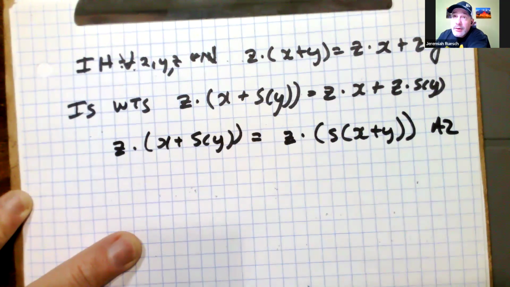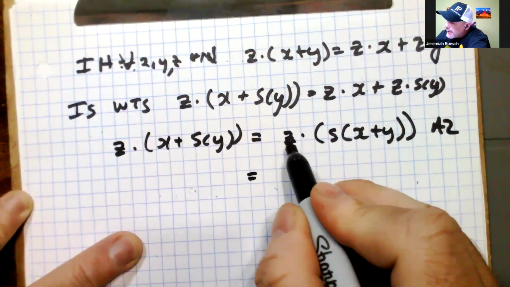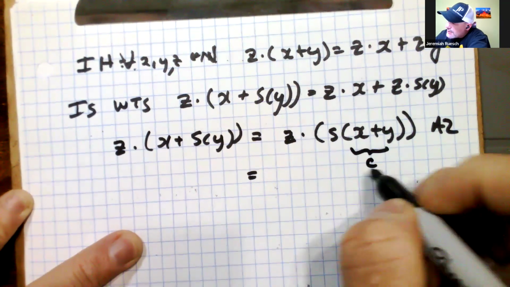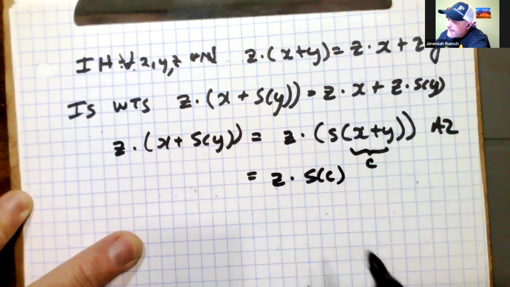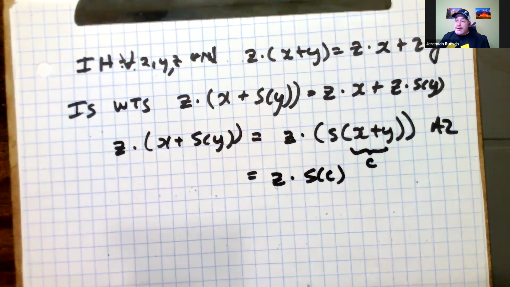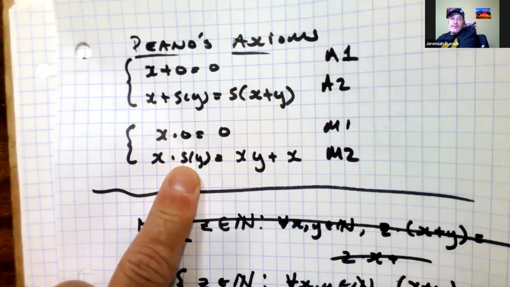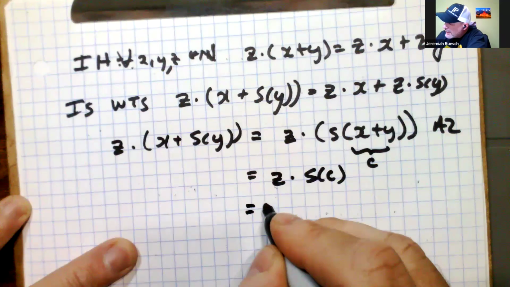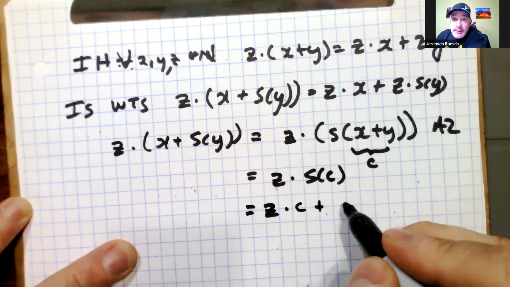Okay, now by a2, I can write this as z times the successor of x plus y. That's by a2. Okay, and then by the definition of multiplication, it may help to think of this as c. So you can write this as z times the successor of c, if it helps like that, and then think of it in that form. Okay, and then that is by m2. This is z times the successor of c. So what do we have? What we have is z times c plus z.